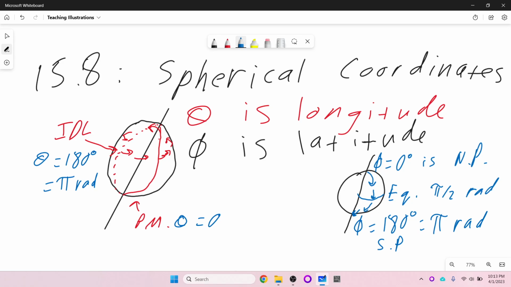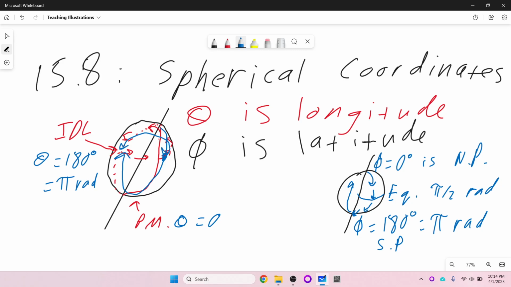I know it might seem tempting to go all the way around, but if you think it over, that would be double counting. If we have a point, like say, this is theta and this is phi, well, we can just go around another half theta instead of having to go all the way around here. They get to the same point.